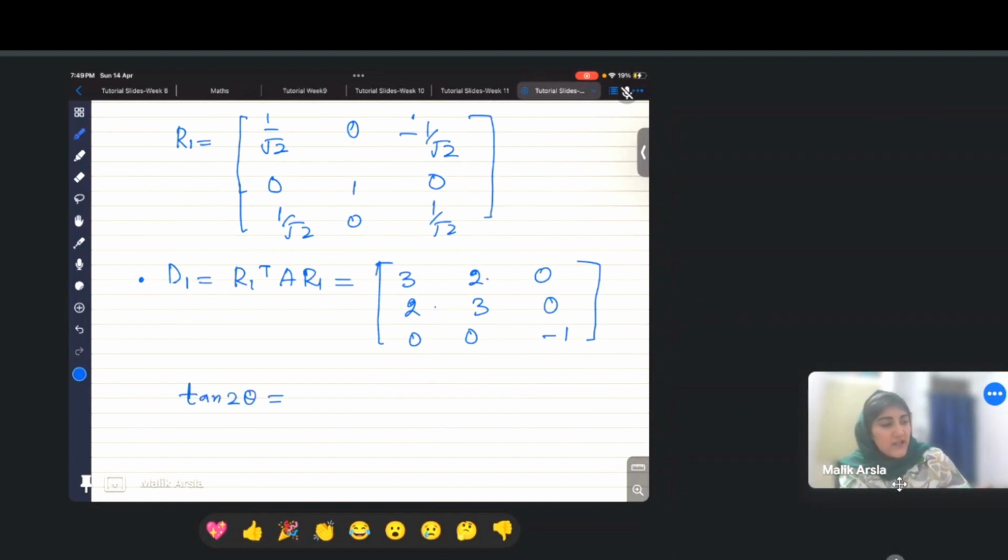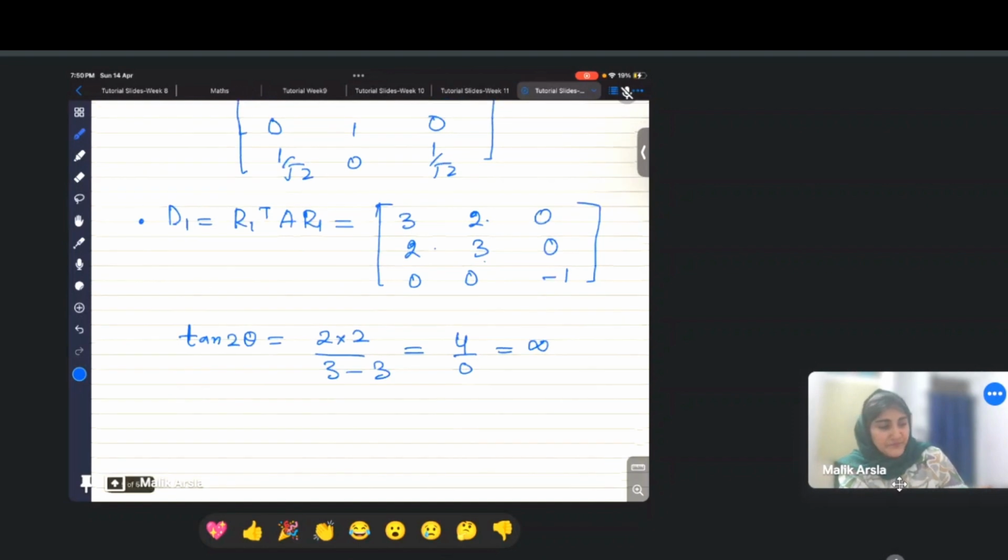In this case, the greatest non-zero entry is this 2 only, so we will take 1, 2. It is 2 into 2 upon a_ii minus a_jj, with i, j being 1, 2. So a11 is 3 minus a22, which is again 3. So it will be 4 upon 0, which is infinity. So here again, it's coming out to be the same.